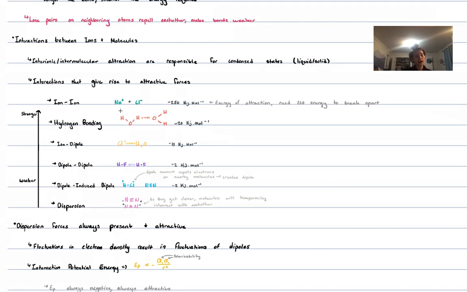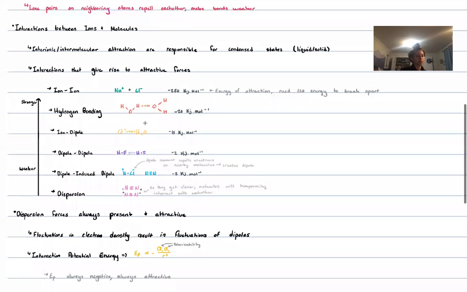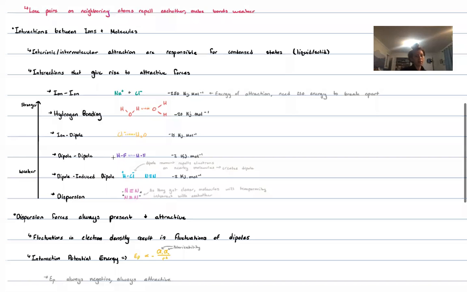And then our next strongest would be hydrogen bonds, which are basically, hydrogen has special properties that allow it to bond stronger than its normal dipole-dipole forces. And then we also have ion-dipole, which is like, in the case of a negatively charged ion attracted to the positively charged hydrogen on H2O.